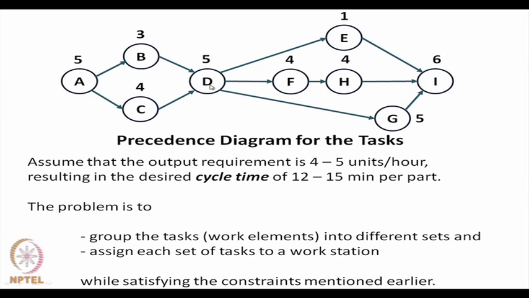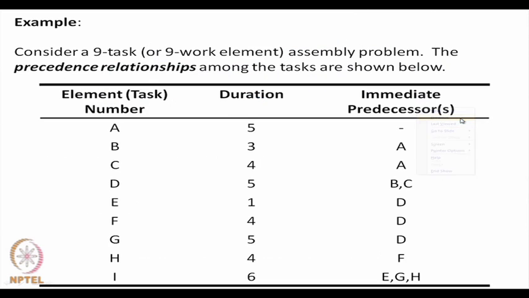When D is complete, any one of these three can start, E, F and G, but not H. H can start only after F is complete, and only when E, H and G are complete, I can start and complete. And these are the times that I had written down in the table here, the duration times.